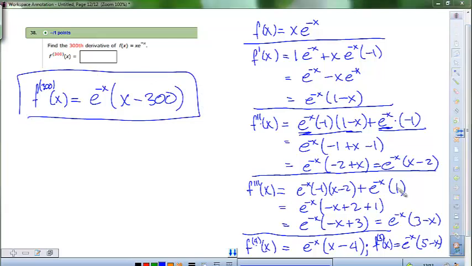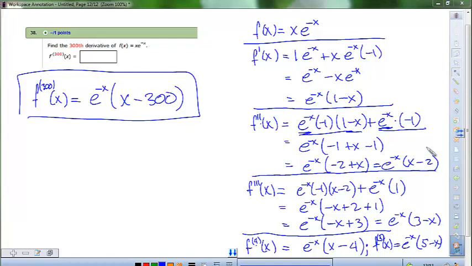Okay, this should give you enough ammunition to attack your homework in WebAssign. You have a lot of homework. I had 40 problems, but I took 5 out, but still 35 problems is still a lot of homework, and the idea behind this is to keep practicing using your derivatives.